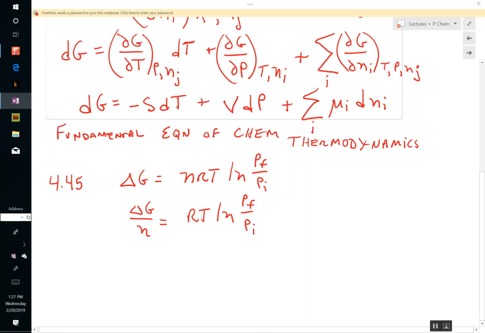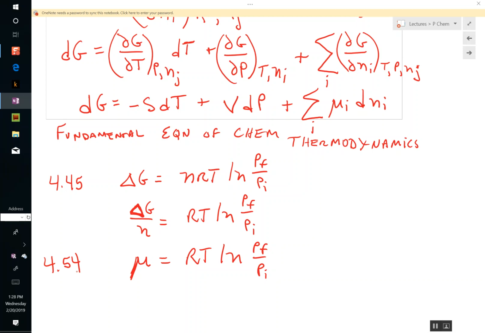And this delta G over the amount n is basically the chemical potential. So we get n out of that equation: chemical potential equals RT times the natural log of the final pressure over the initial pressure. And this is equation 4.54 in your book. This is at constant temperature, at a particular temperature.